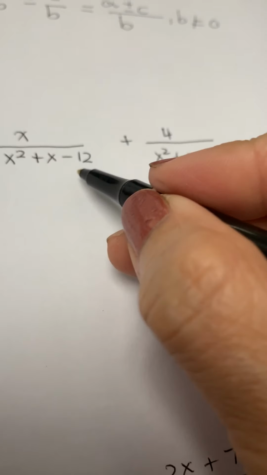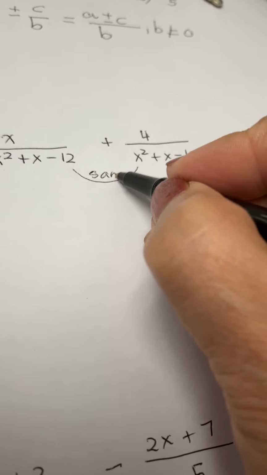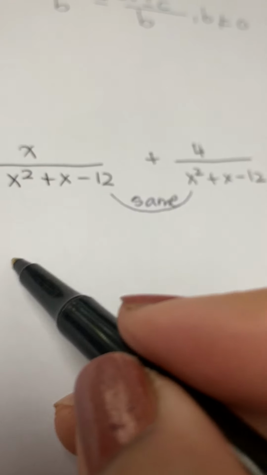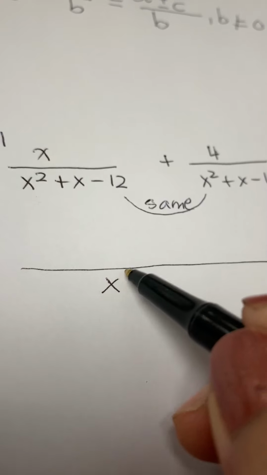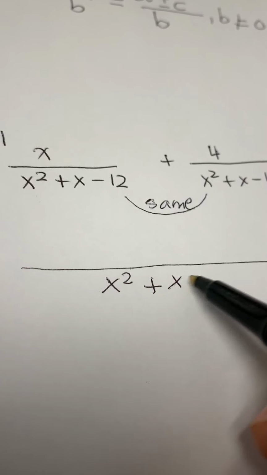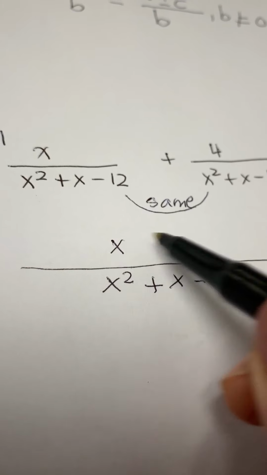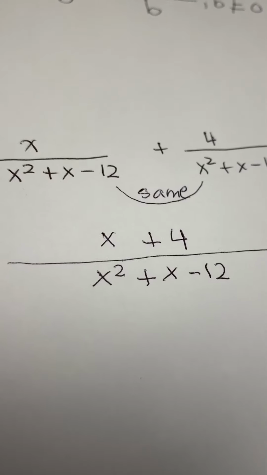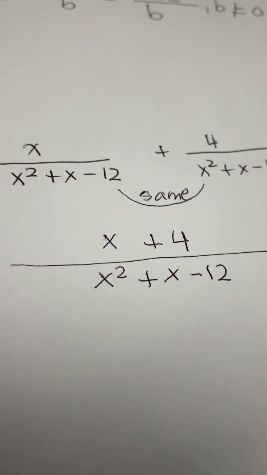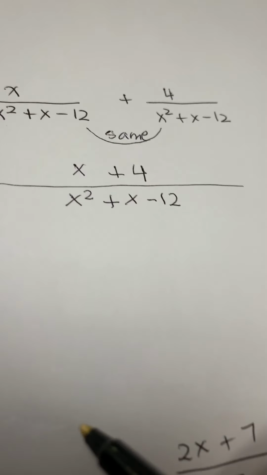As you could see, the denominators are the same. So we will just combine them in one long fraction here, x squared plus x minus 12. Then we are just going to combine x and plus 4. So that is the answer to the addition. But now we have to simplify this, and we have to write our restrictions, so we will do that by factoring.